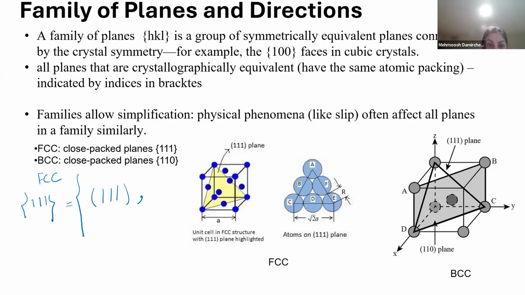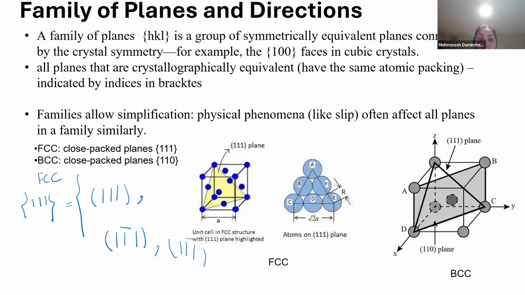The next one is 1 minus 1, 1. The third one, for example, is 1, 1, minus 1. So we have different planes that we can talk about, in BCC and FCC, that today we want to talk about.